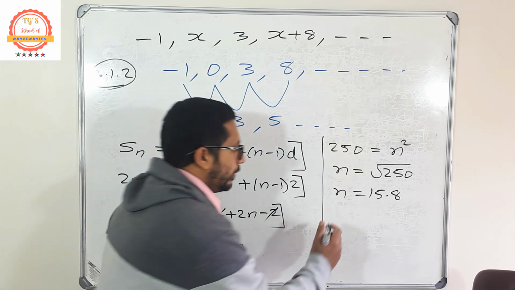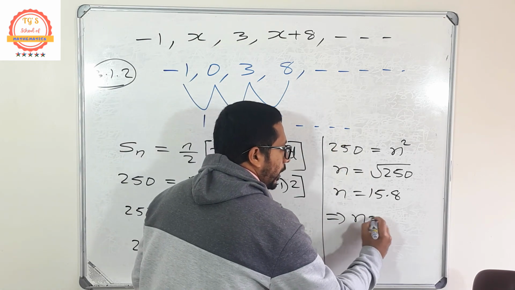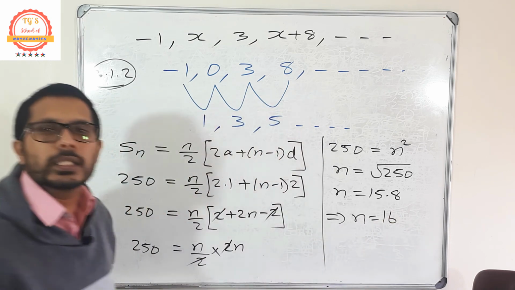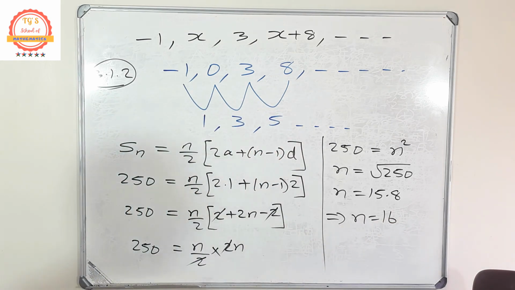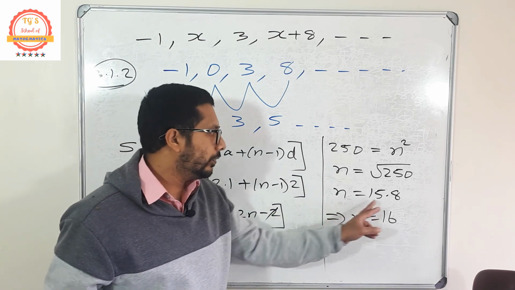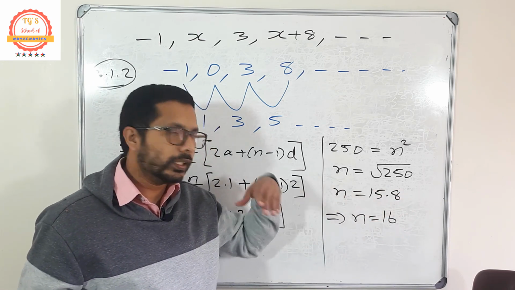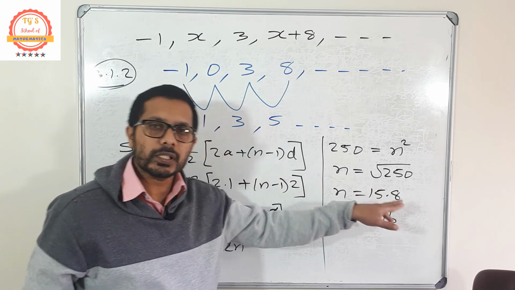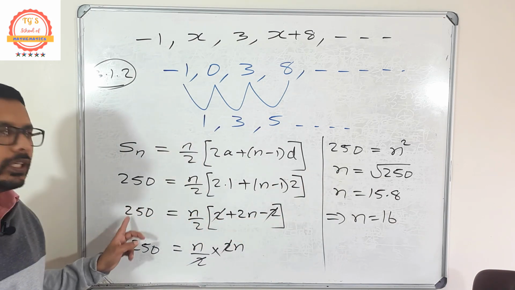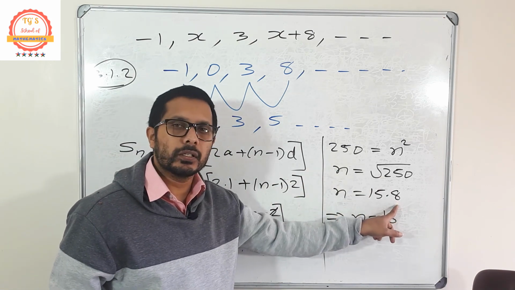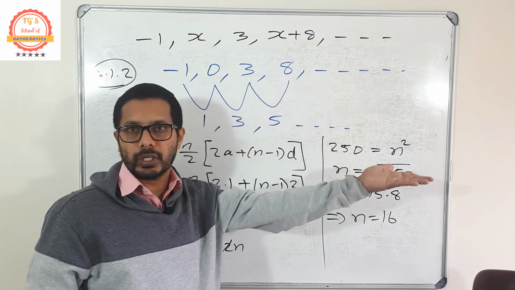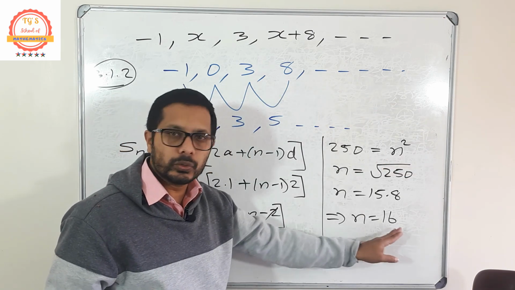Okay. So it implies that n is equal to 16. The sum is 250 when n is 15.8, so the sum is greater than 250 when n is equal to 16.